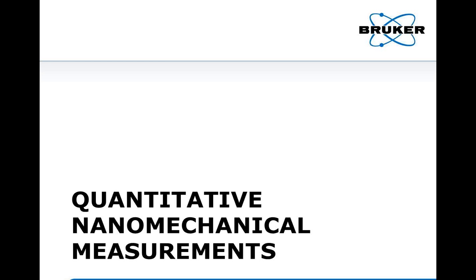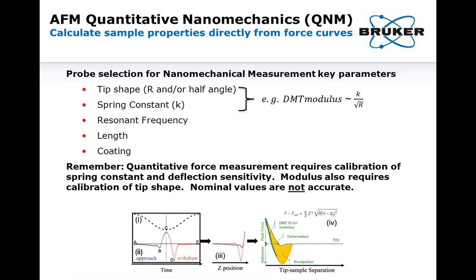So, in the last section, we had a brief introduction to quantitative mechanical measurements, or more commonly known as QNM, in looking at the stiffness of the calcite measured with PeakForce tapping. Now we're going to explore the probes that are used for QNM in more detail. QNM is a broad term covering a number of different AFM techniques, including PeakForce QNM, force volume imaging, nanoindentation, and force spectroscopy.